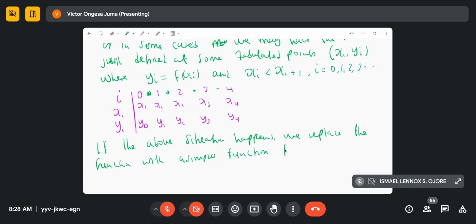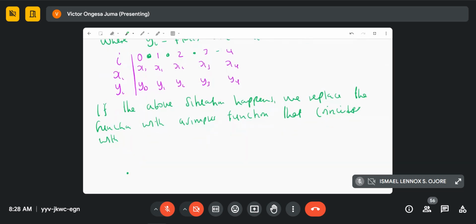That coincides with, so the function you approximate with should be the same as the function we want to approximate at the tabular points.